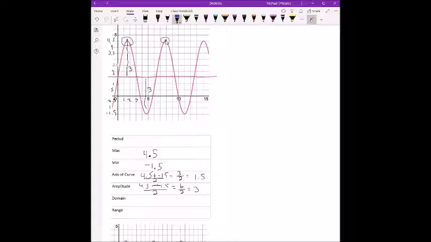Let's round it to that line right here. What's my period? How long does it take to go through one full rotation? 1, 2, 3, 4, 5, 6. About 6.5.